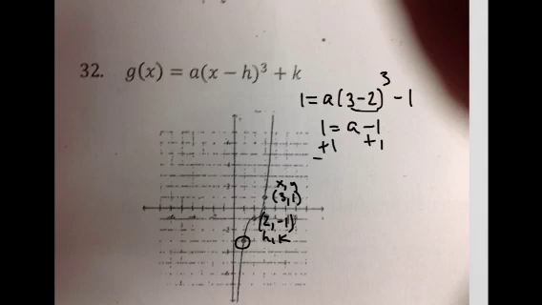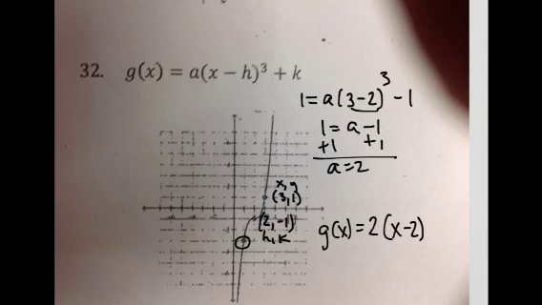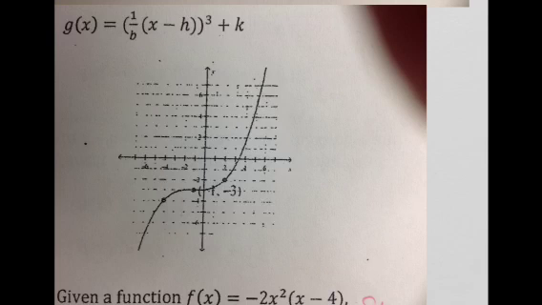I'm going to add 1, so a is 2. So you write g of x equals 2 times x minus 2 cubed minus 1. Okay, for number 33, they wanted with the 1 over b, but we'll find the a first, and then I'll show you how to get it into 1 over b.